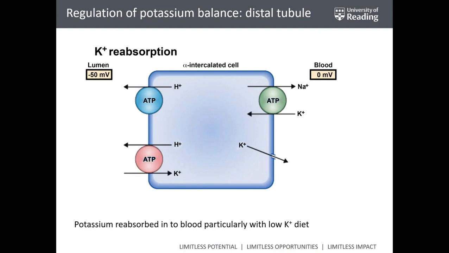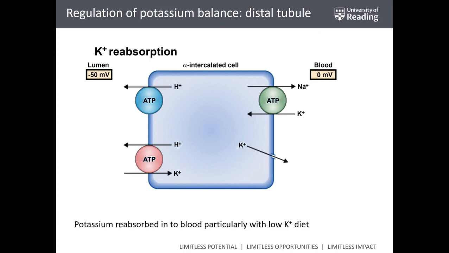Why? Because the ATPase pump on the apical membrane promotes the reabsorption of potassium from the lumen into the inside of the cell. The ATPase sodium-potassium pump on the basolateral membrane will promote the movement of potassium from the blood or the interstitial fluid into the cytoplasm of the intercalated cell.